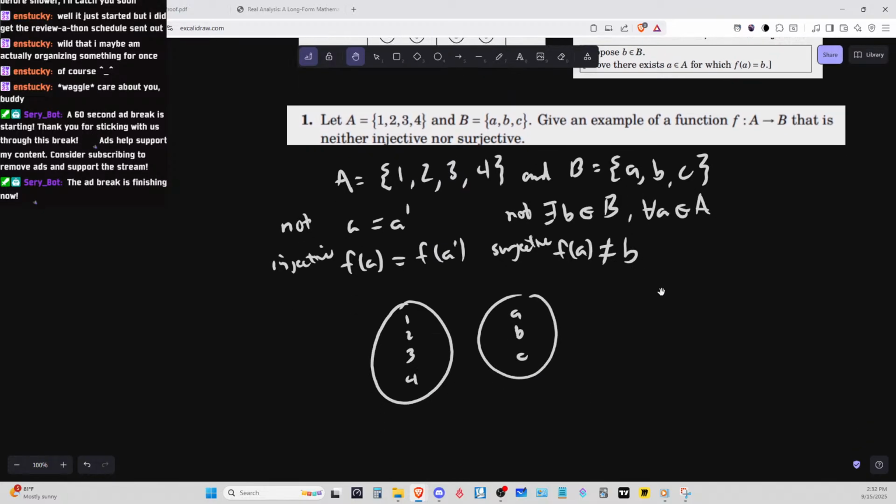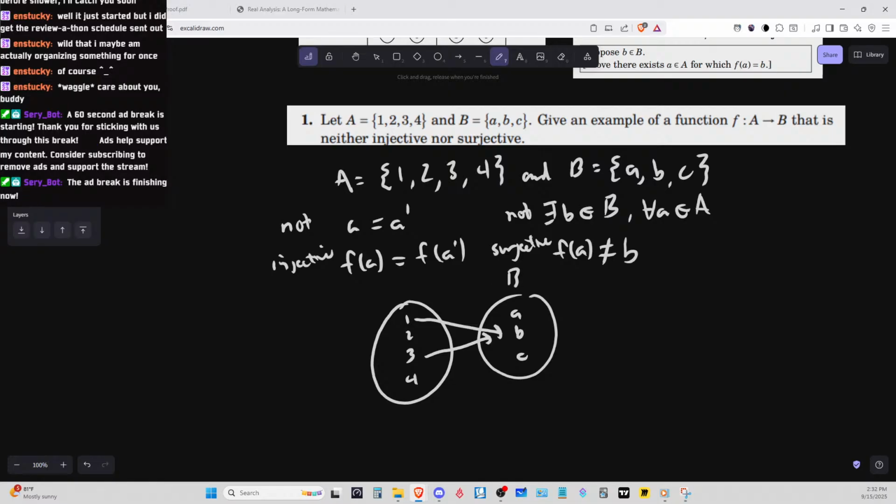So technically one of these would have to match with one of these over here. If you have 1 equals B and 3 equals B, then that would be not injective because they're both the same output here.